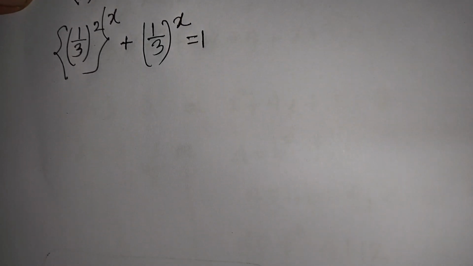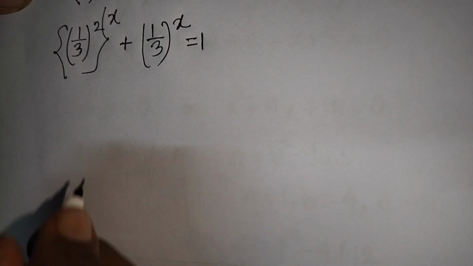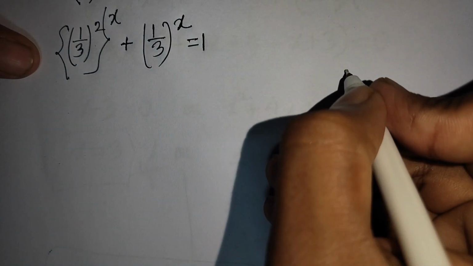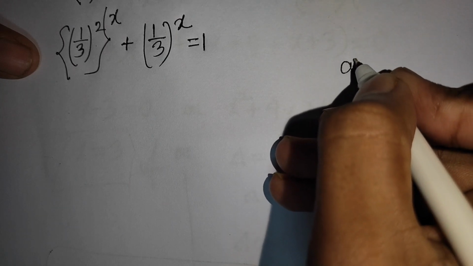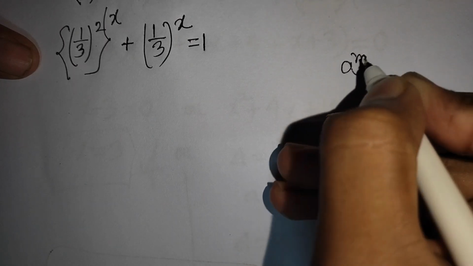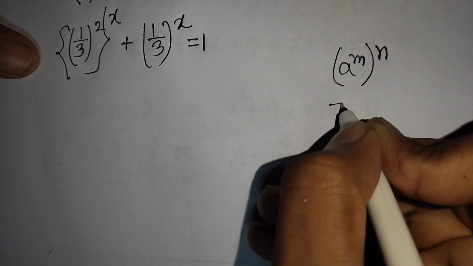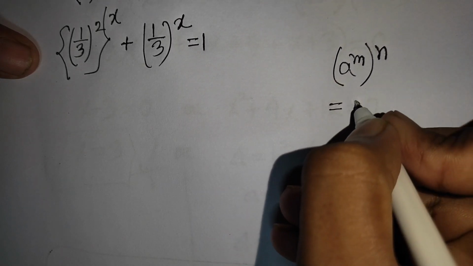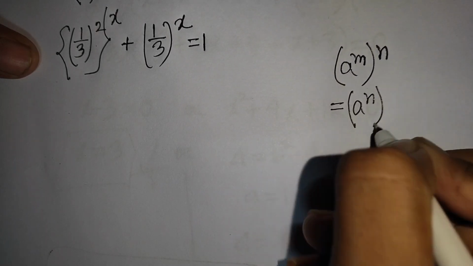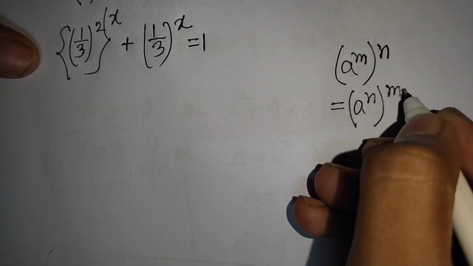Now here I can apply this exponential rule that (a power n) bracket power n is equal to a power n bracket power n.